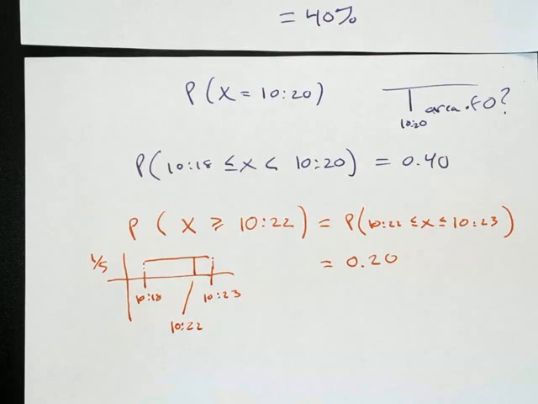And that width is 1 minute. 1 minute times a height of 0.2 gives me 0.2.